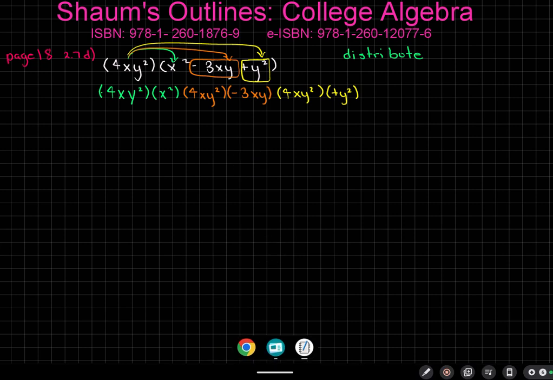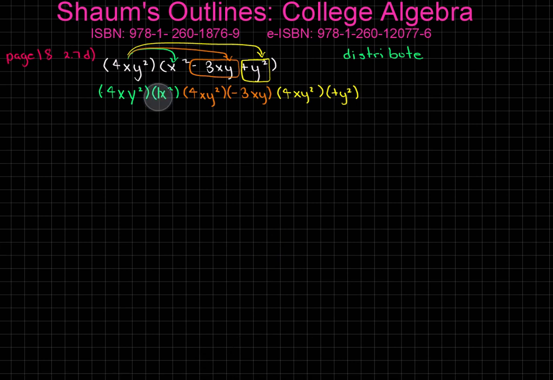If you don't have a number in front of your letter, I would suggest putting an imaginary 1 in front. So we have 4 times 1 equals 4.